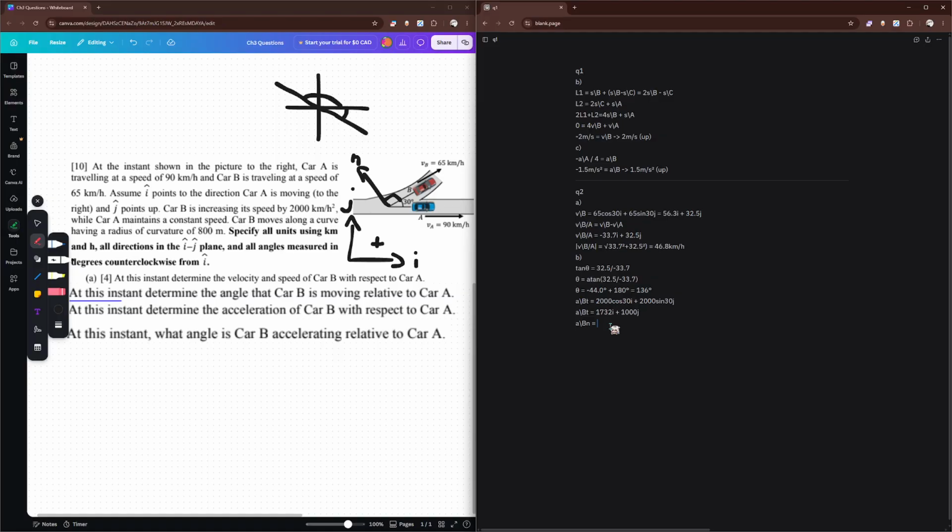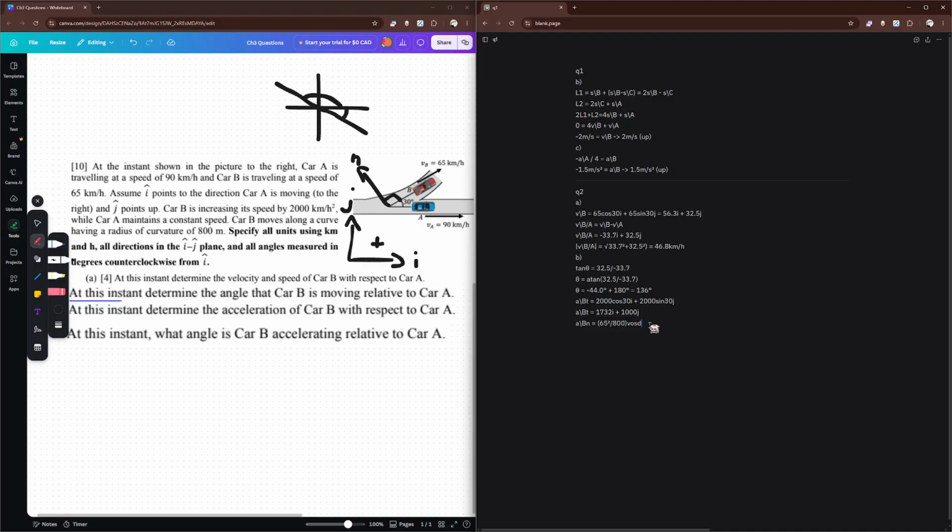So we know that the normal is velocity squared over rho. So we're going to have 65 squared over rho of 800, like this. And this term is going to repeat, so I'll just copy and paste that. And then the first one is for the I, it's going to be cosine of 120.